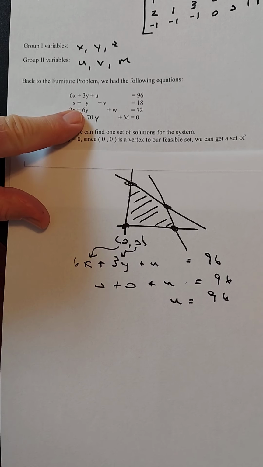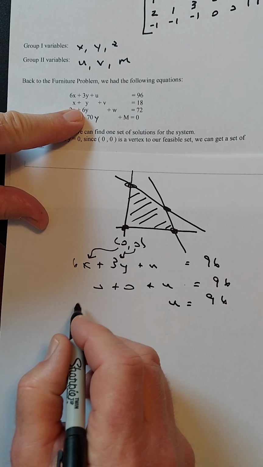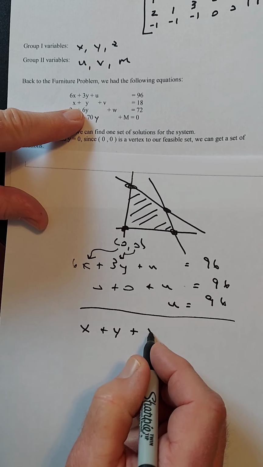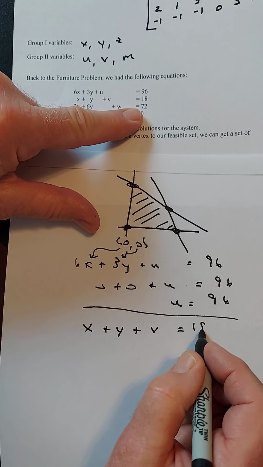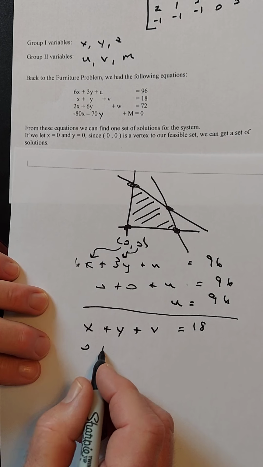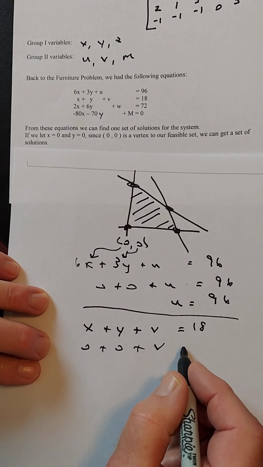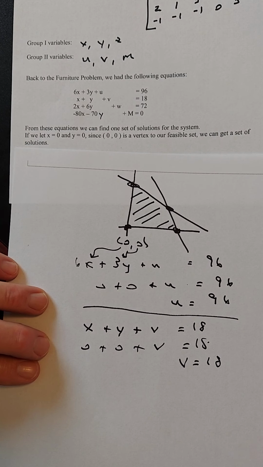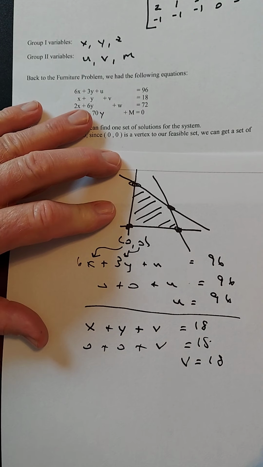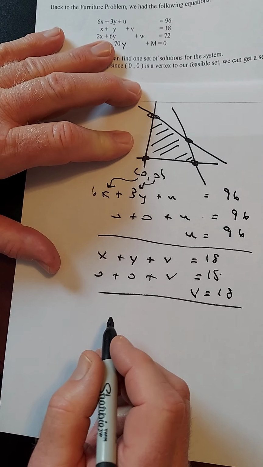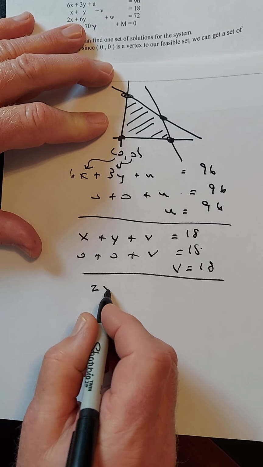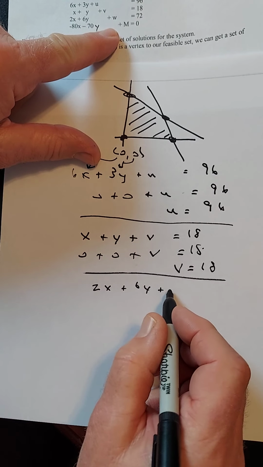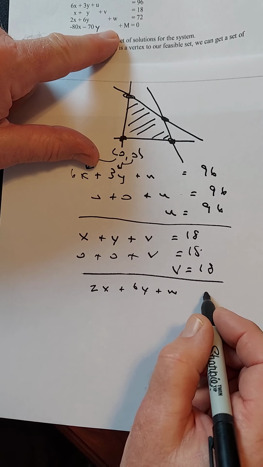Okay, if I did the same thing up here, I had x plus y plus v equals 18. So if I put 0 here and 0 there, v is going to be 18. And if I did this one, so I had 2x plus 6y, I'm looking right up here, plus w, and that's equal to 72.